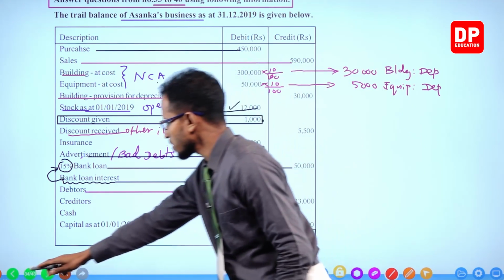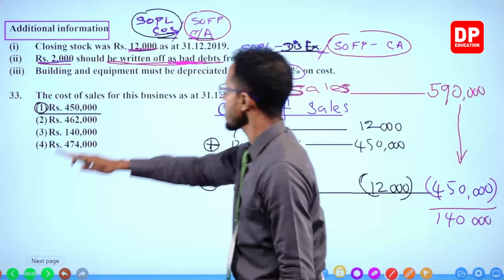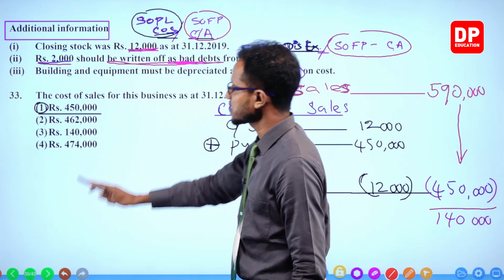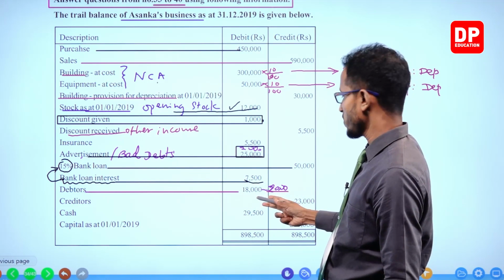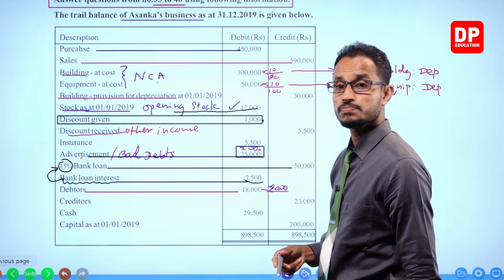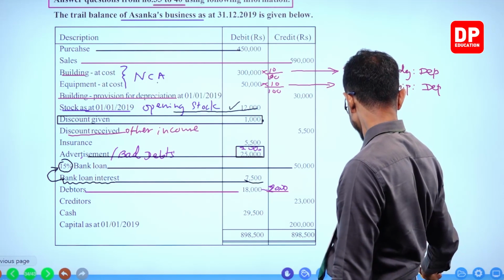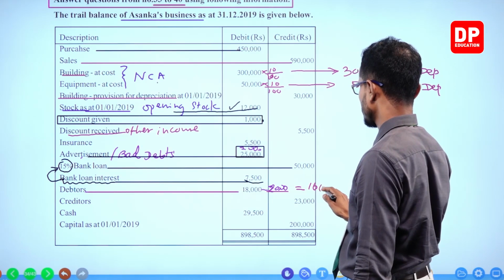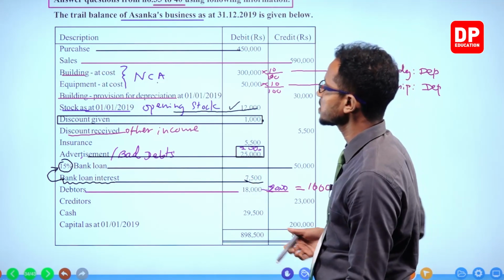12,000 closing stock, plus debtors 16,000 when you subtract 18,000 minus 2,000. And now we will check whether there are any other current assets.